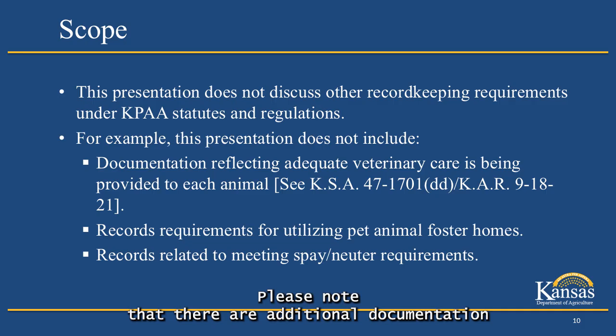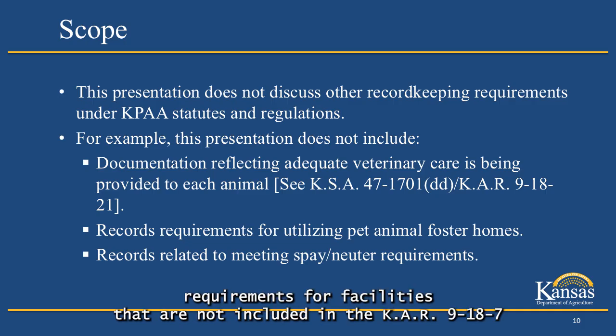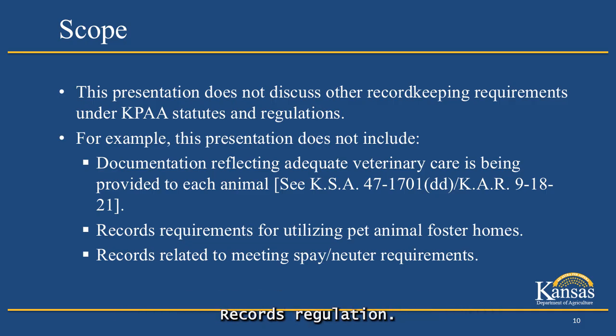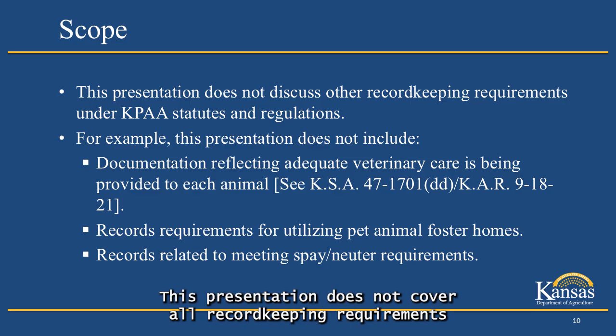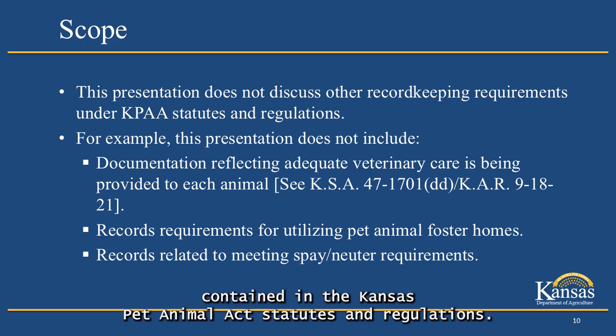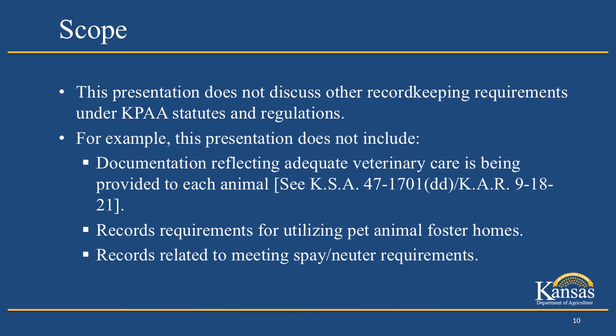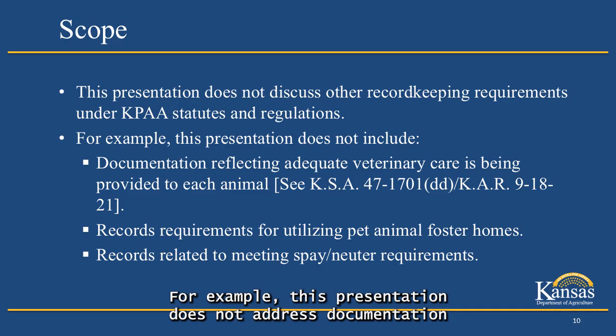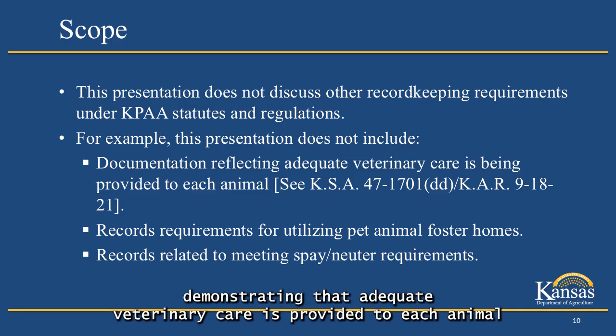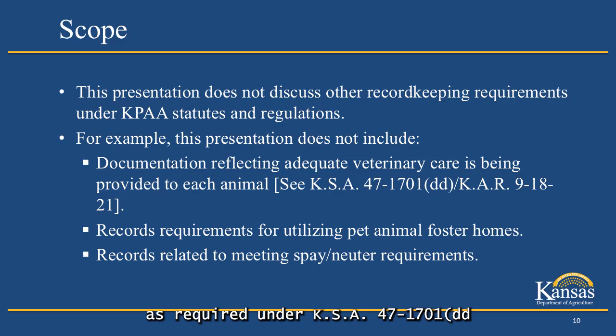Please note that there are additional documentation requirements for facilities that are not included in the KAR 9-18-7 records regulation we discussed here. This presentation does not cover all record-keeping requirements contained in the Kansas Pet Animal Act statutes and regulations. For example, this presentation does not address documentation demonstrating that adequate veterinary care is provided to each animal, as required under KSA 47-1701-DD and KAR 9-18-21.